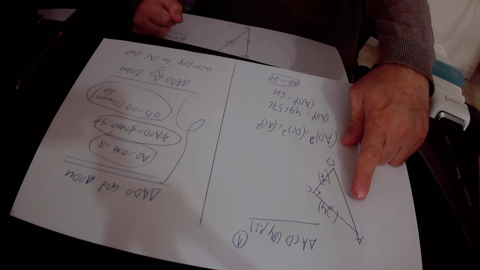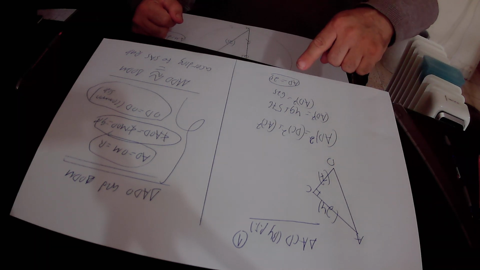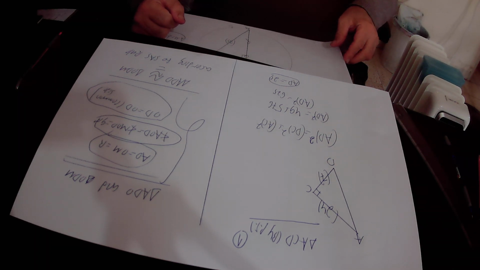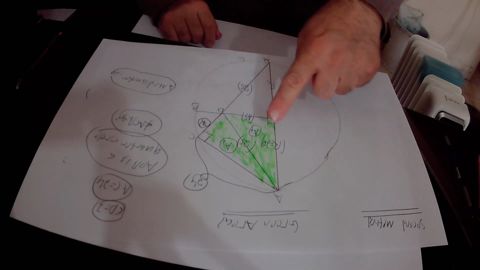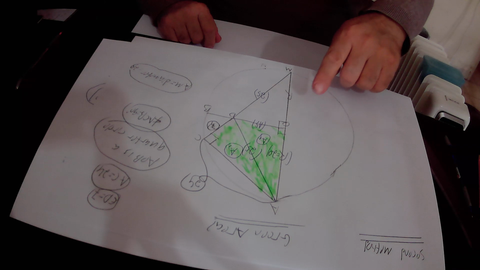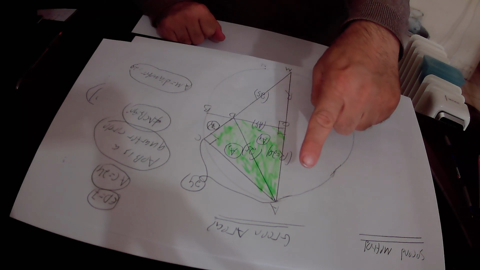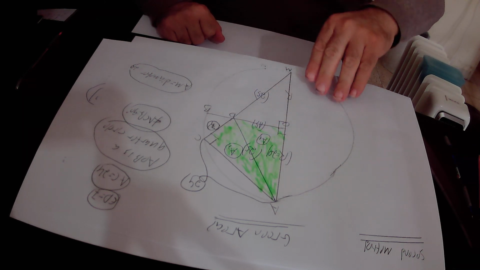In the right triangle ACD, we have already found that the hypotenuse AD equals 25. Here, the hypotenuse AD of the right triangle ADC equals 25. Then we implemented the Pythagoras theorem on the big right triangle ACM.